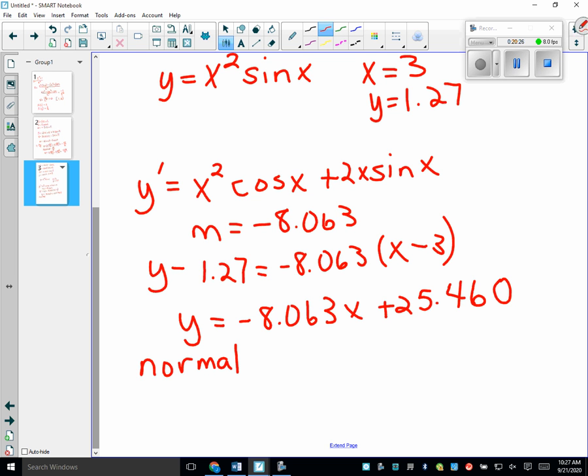Or you could turn 8.063 into a fraction, 8,063 over 1,000.